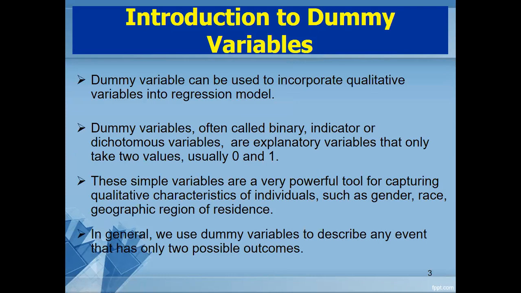So moving to the introductory remarks, the dummy variable. As I mentioned previously, we have to deal with both quantitative and qualitative variables in regressions, right? In previous sessions, we estimated regression models by incorporating a number of quantitative independent variables.